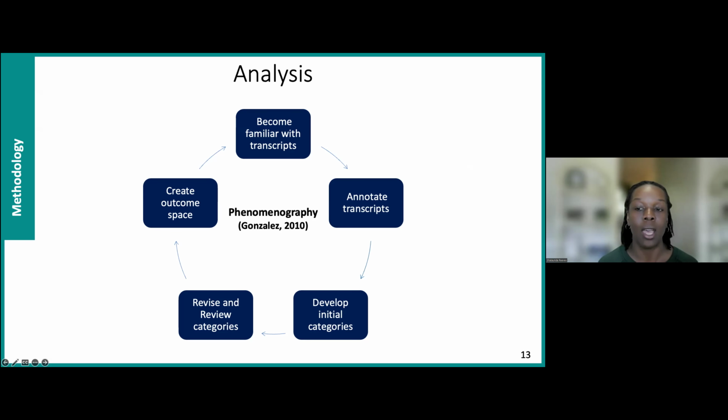It'll make more sense. The outcome space can be represented in many formats, but it should entail at least 2 essential elements: one is a description of the category, and the second is a selection of illustrative statements accompanying each category.